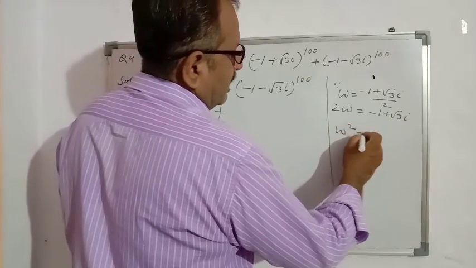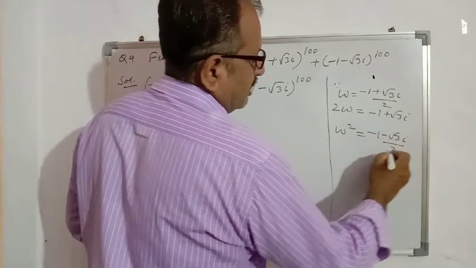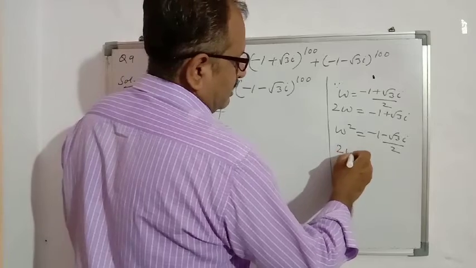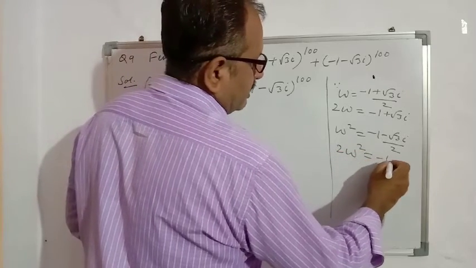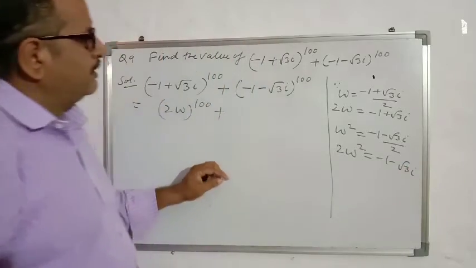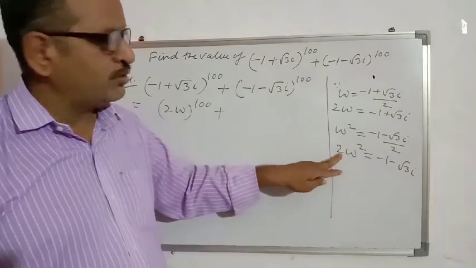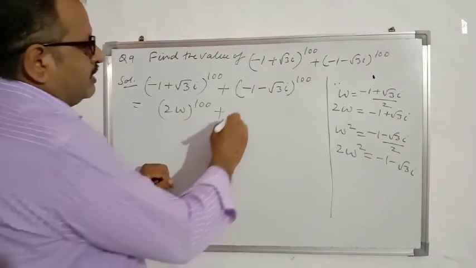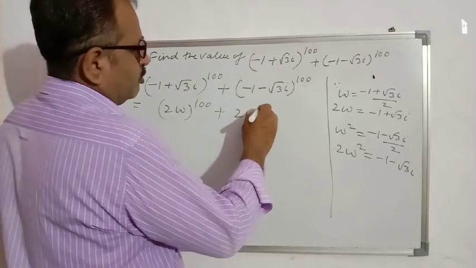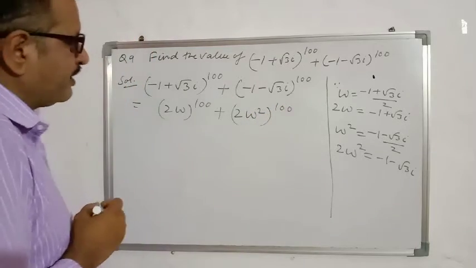Similarly, omega square is (minus 1 minus root 3i) by 2. Cross multiply, 2 omega square is equal to minus 1 minus root 3i. So in place of minus 1 minus root 3i, we will put 2 omega square. So right here (2 omega square) to the power 100.